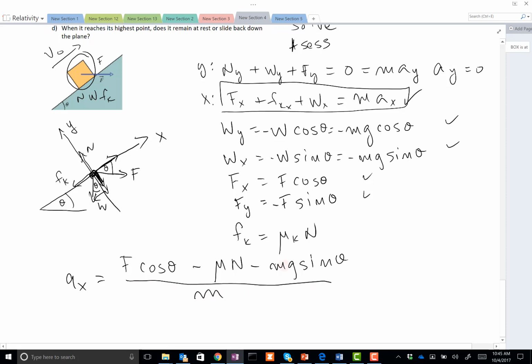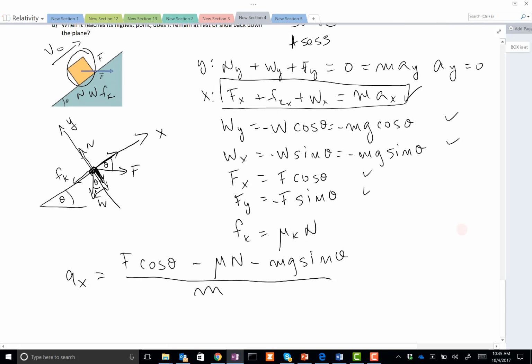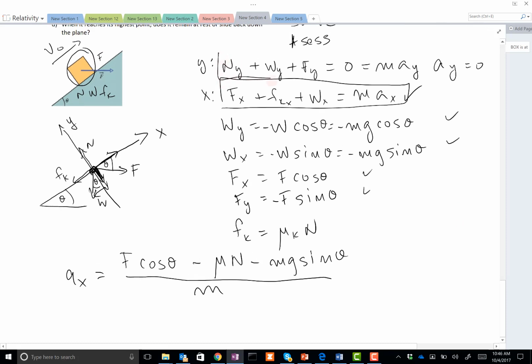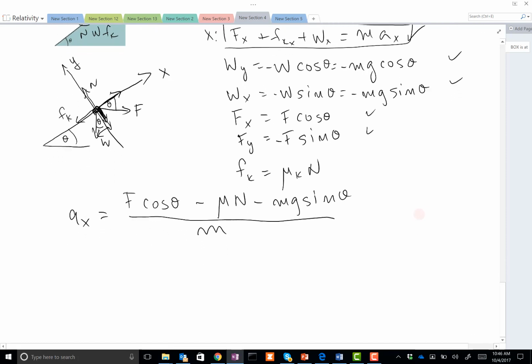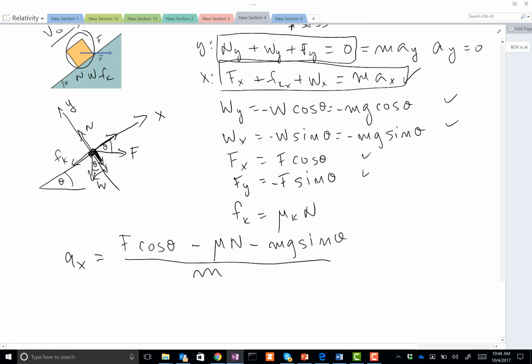So we can find this number here, F cosine theta, but we need to find the normal force to find the acceleration. To find the normal force, we are going to use the equation in the y-axis, and that equation reads like this.